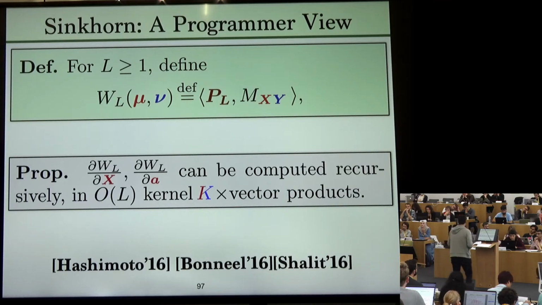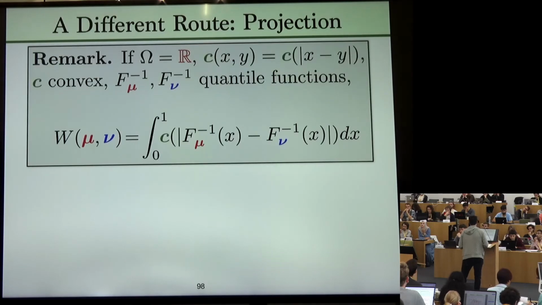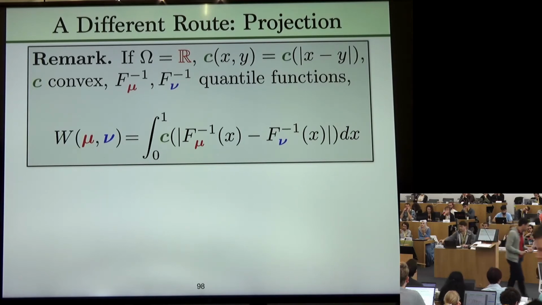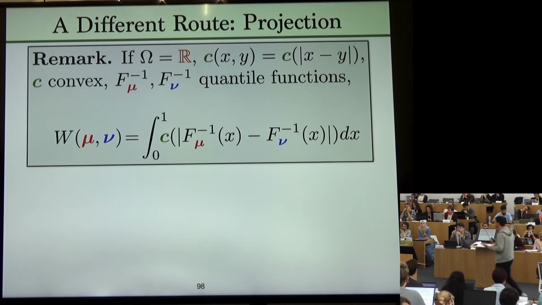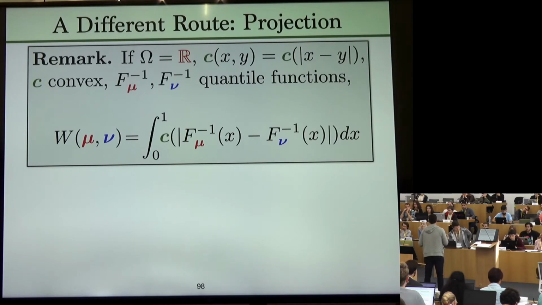And this is definitely what I would encourage you to do if you ever want to differentiate through the Wasserstein distance. So this Sinkhorn approach is like one possible route. And differentiating through the Sinkhorn is easy. I hope I have convinced you of that.